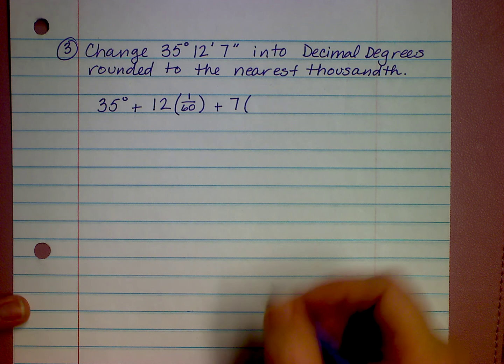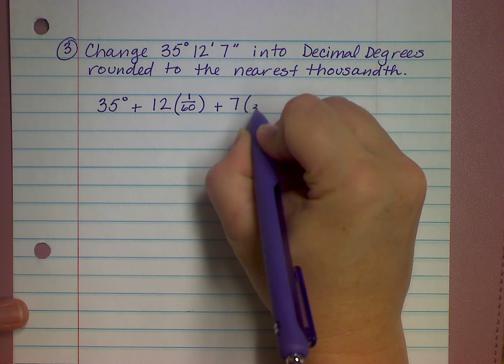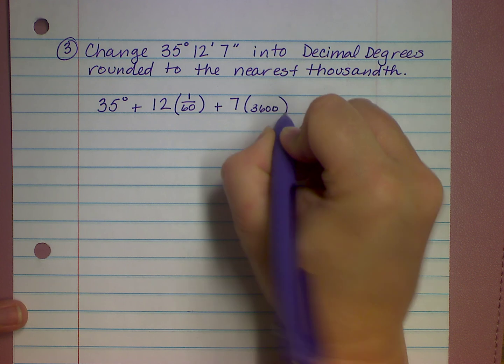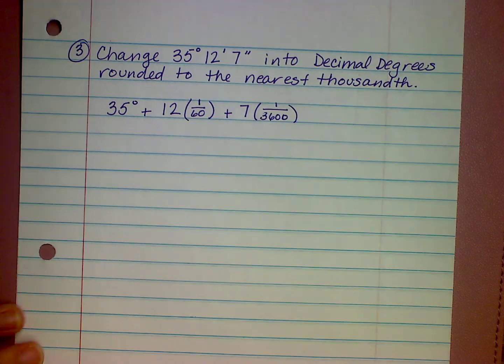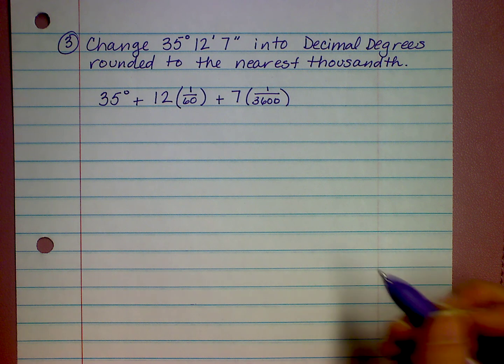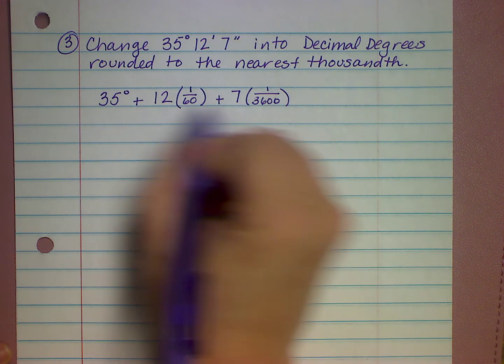What is 60 times 60? I'm sorry, 60 squared. I actually have to multiply it by 1 over 3600, which is 60 squared. Which is 60 times 60. This is going to get me my answer.